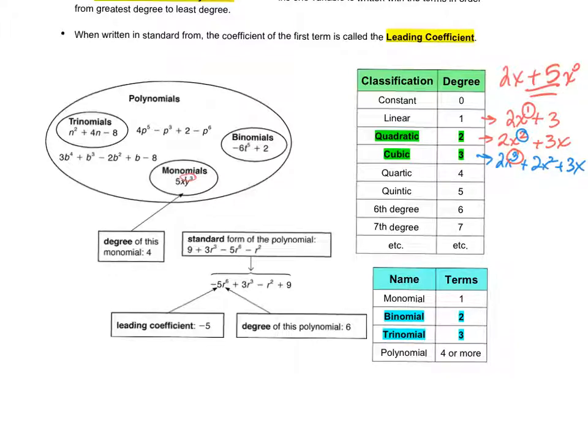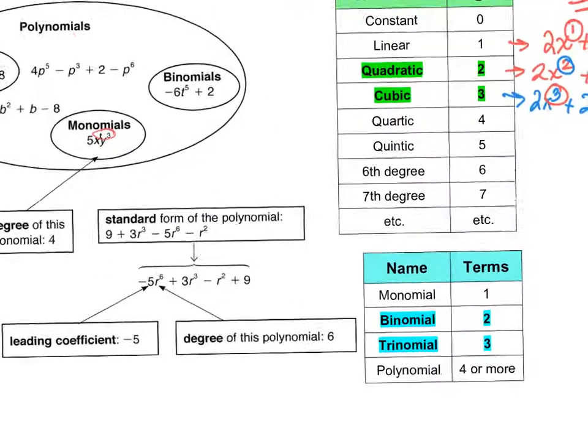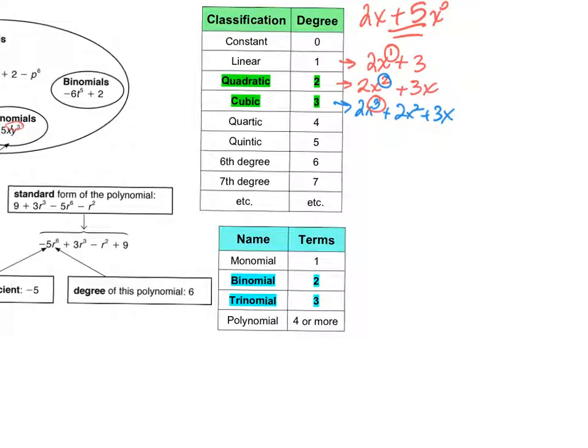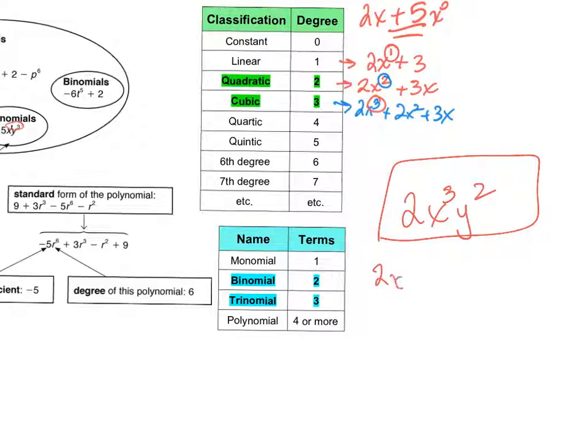In terms of terms, so when we're just talking about how many items there are in a polynomial, if you have one term, it's called a monomial. So 2x to the third y squared, for example. That is a single term. It's called a monomial. If, however, I have something like this, there are 2 terms.